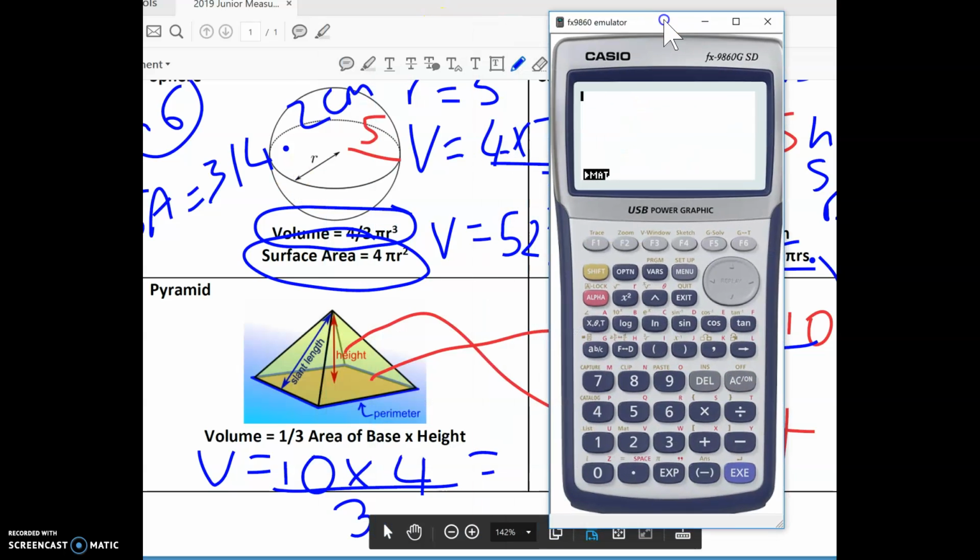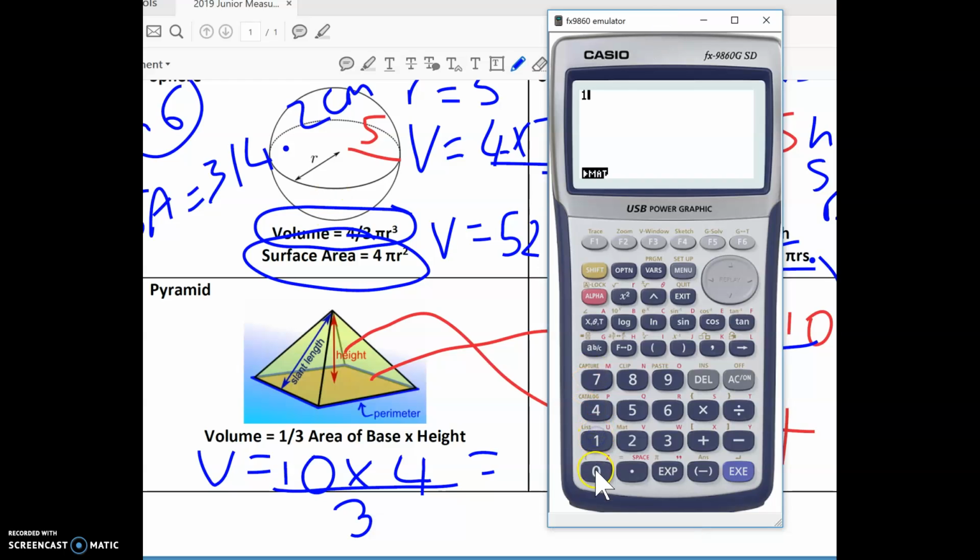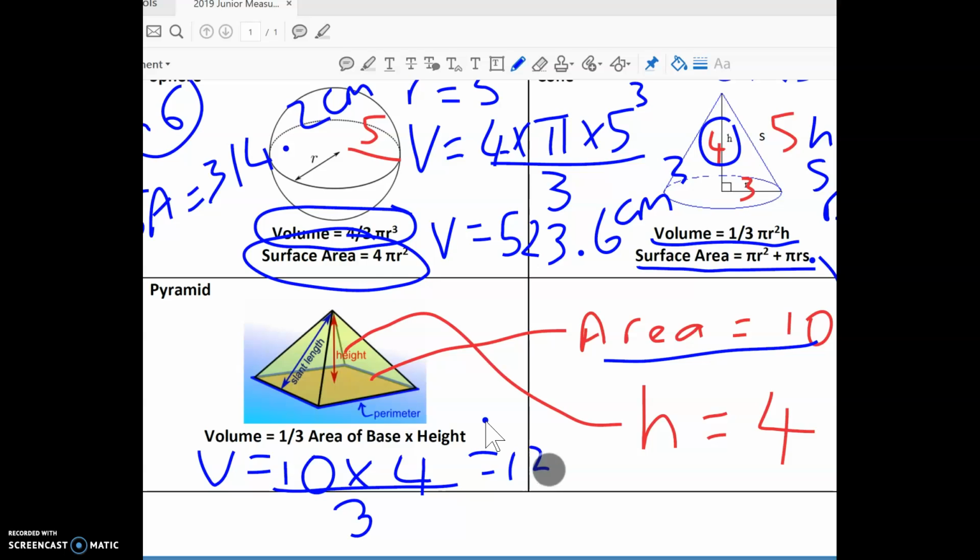So I would write 10 times 4 divided by 3, and I get 13.3. I get 13.3 recurring, or 13.3, and it's a volume. So if these were in centimetres, this would be centimetres cubed. But whatever unit it is in, volume is the units cubed, area is the units squared, and length is just the units.